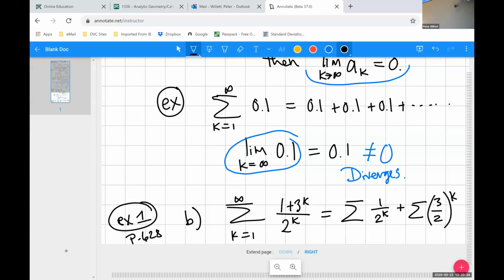And then the second part here is a geometric series. They both are, but this is a geometric series that goes off to infinity. And therefore, the sum of these two things must diverge.